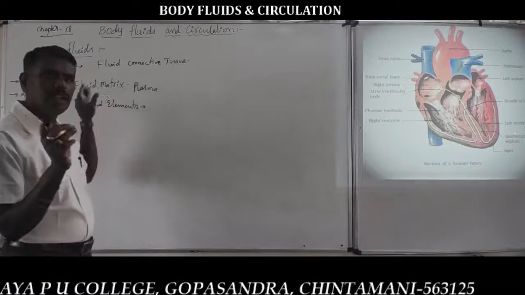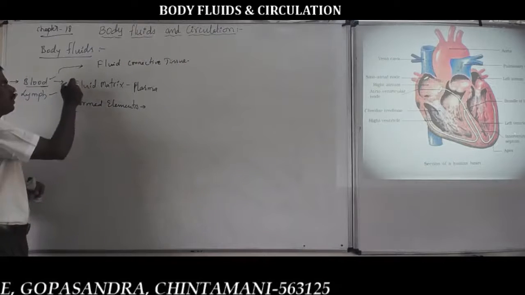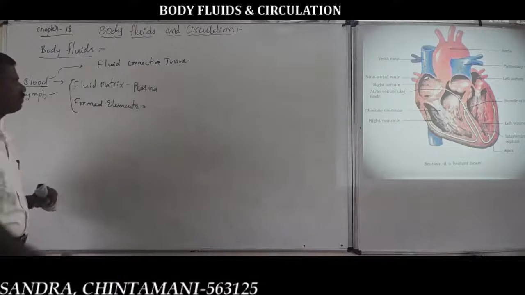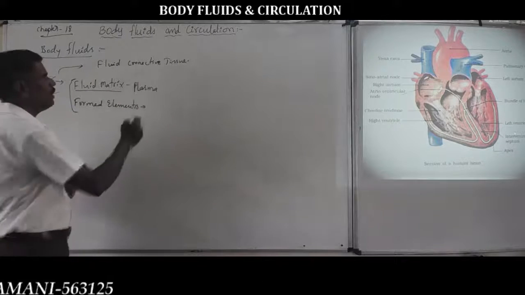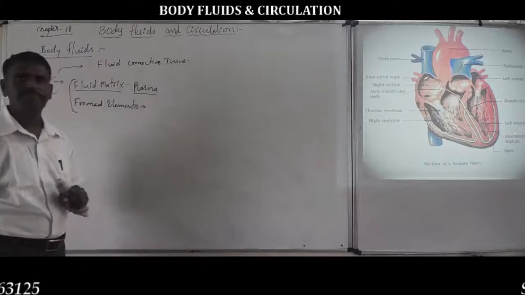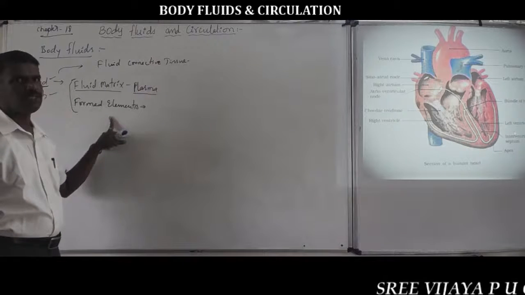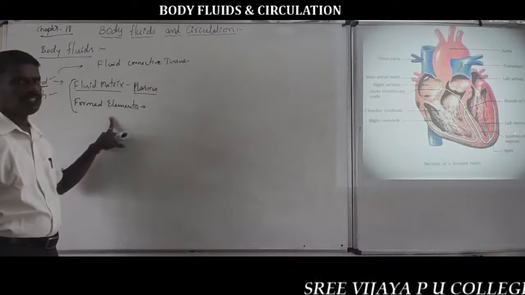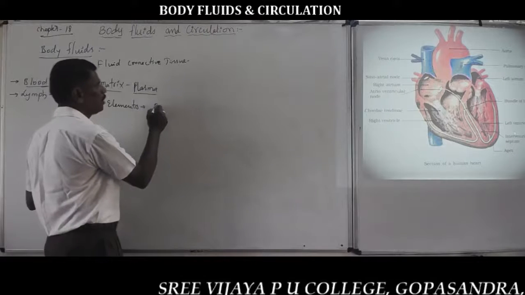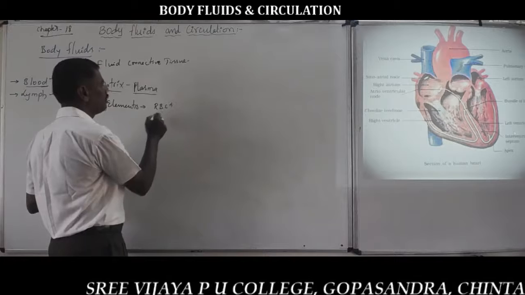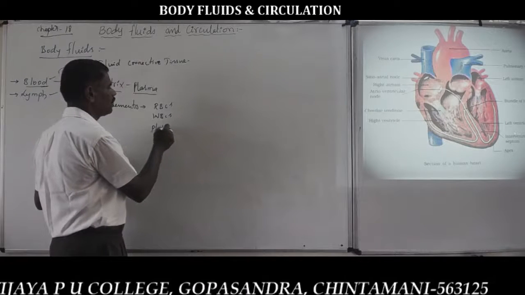The blood, a fluid connective tissue, consists of two important components. One is the fluid matrix, which is the plasma. The other is the formed elements, which constitute RBCs, WBCs and platelets.